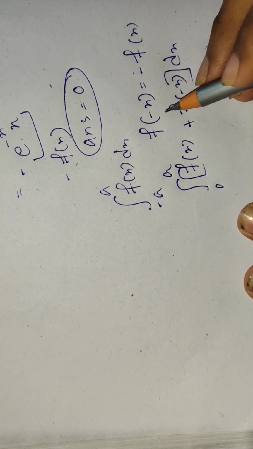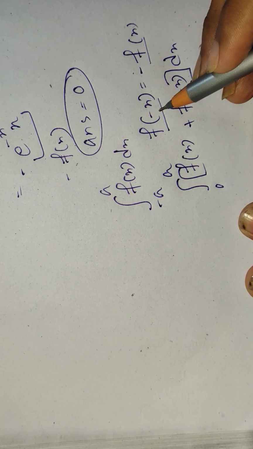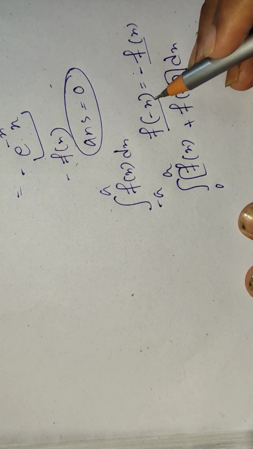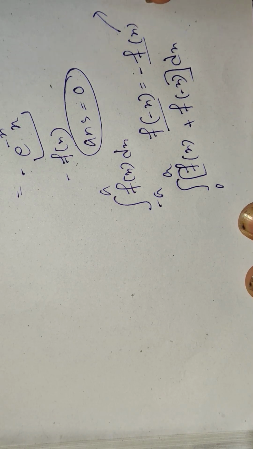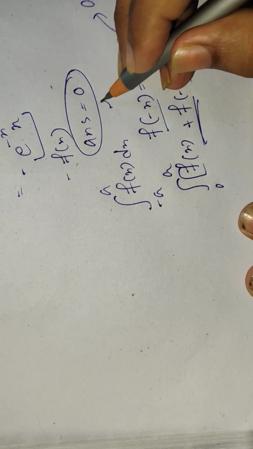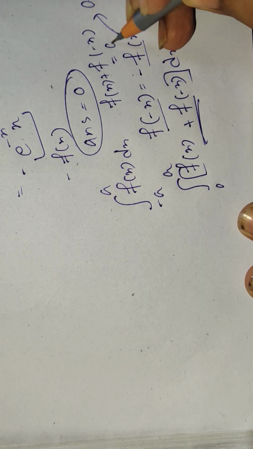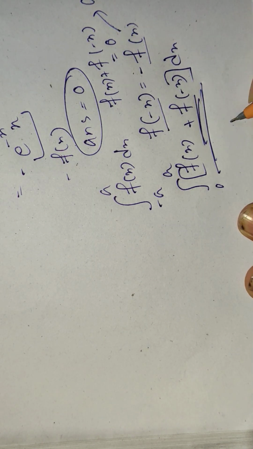You can see here, if we are adding both of them, this will become 0. So we can say f of x plus f of minus x is equal to 0. So this portion is 0. So the answer is integral of 0 dx, 0 to a, which is 0.